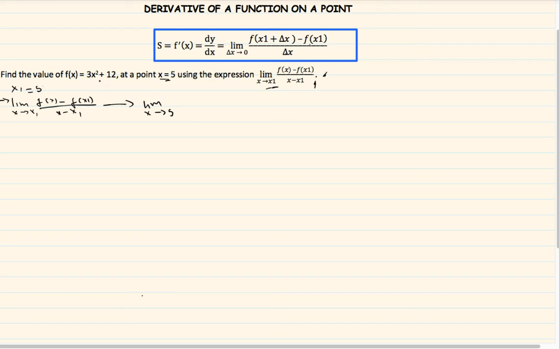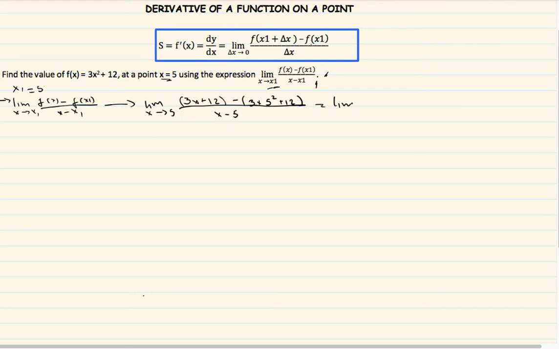our x1 is 5, given here, of f of x, our function without any modification, which is 3x squared plus 12, minus f of x1. Wherever we have x, we replace it by x1, and the value of x1 is 5. So we have 3 into 5 squared plus 12, divided by x minus 5, which is our x1.